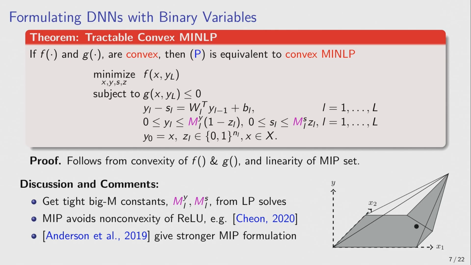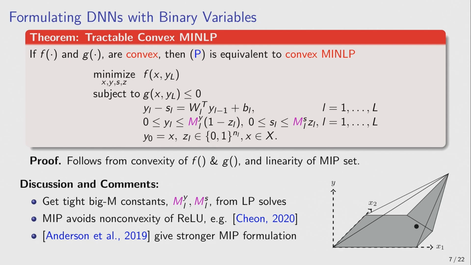There's some caveats here, and one is that ideally I want to get tight upper bounds on these M variables that I have here, and I can potentially get them by doing bound tightening techniques, similar to the optimality bound tightening techniques that we discussed a few lectures ago.